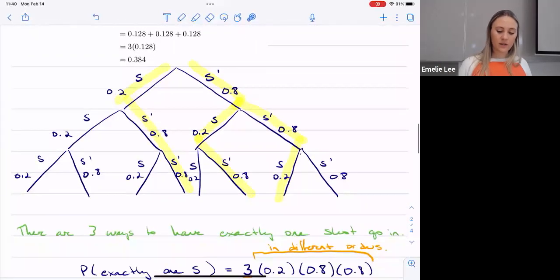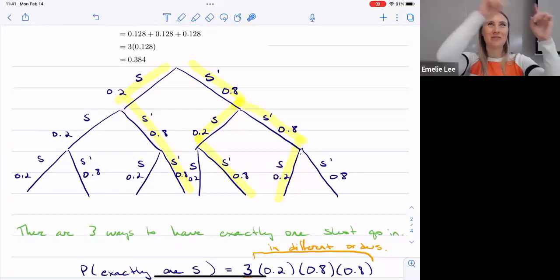And so in your mind, I want you to remember the tree diagram and how it would look, right? And then let's say I shoot it 20 times. Also not unreasonable, right? What's the probability of exactly 4 going in? I want you to imagine.